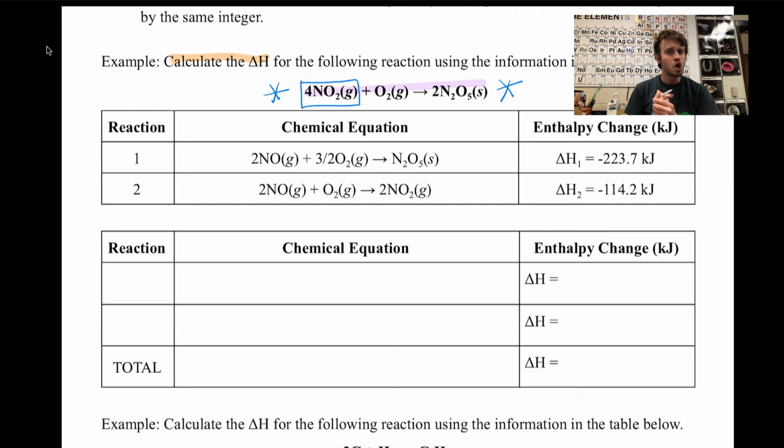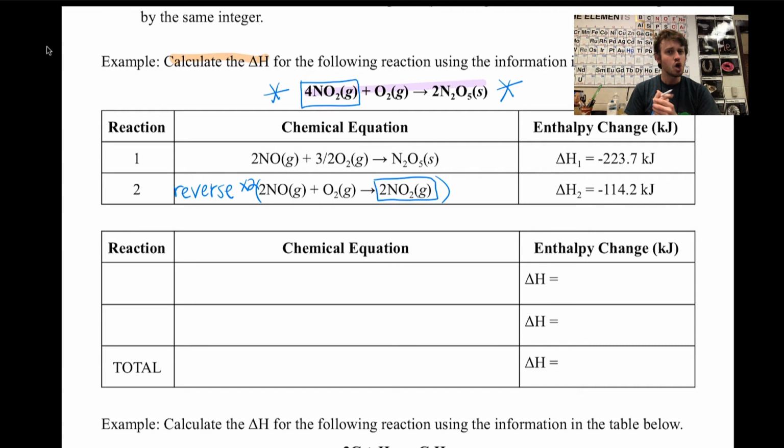So I look at my two given reactions, and the only place that I see NO2 is in the second reaction, and I see that its coefficient is 2, and it's in the products. But in the reaction, I need it to be on the reactant side. So what I have to do is reverse this reaction, and I also have to multiply by 2 because the coefficient is 2 when I need it to be 4.